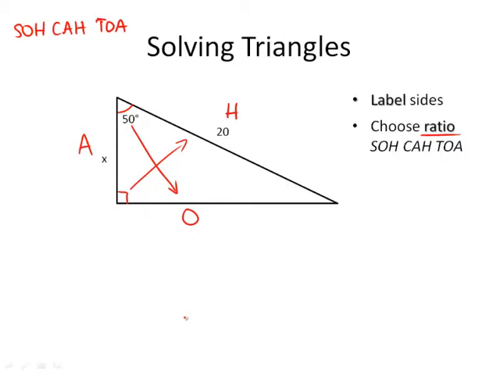Well, sometimes you have all the ratios possible if all the sides are given, but here we only have 2 sides in question. We're not really interested in the opposite, but we are interested in the adjacent and the hypotenuse. So we look for the ratio that relates the adjacent and hypotenuse so that we include our x in our ratio and we have all the other components filled in.